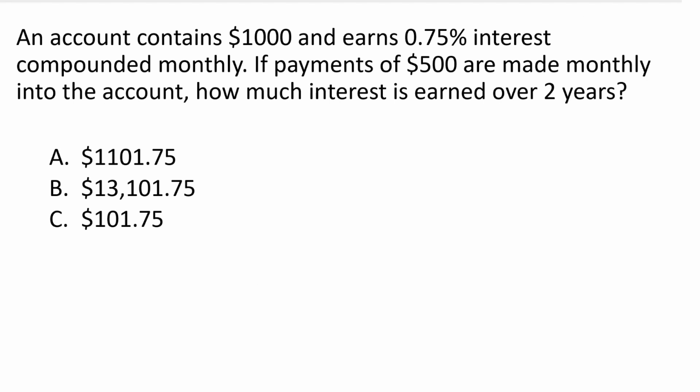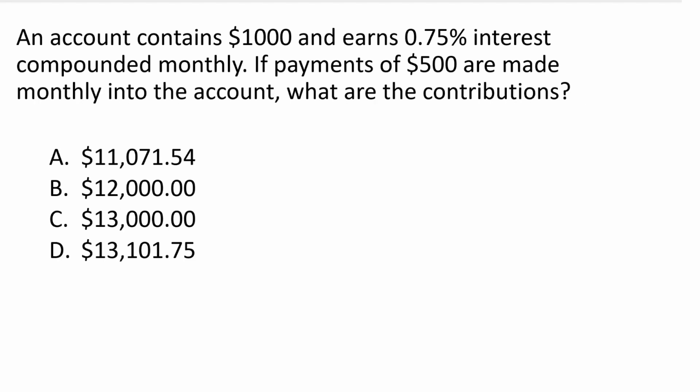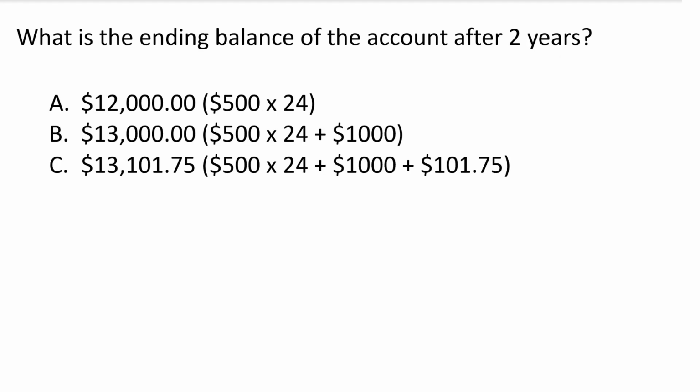All right, let's look at the next one. This one just asks for the contributions, which we just talked about. It's answer C, $13,000: $500 a month for 24 months, plus the initial $1,000. The ending balance after 2 years is going to be the final amount in the account. It's going to be the future value that we just solved for.